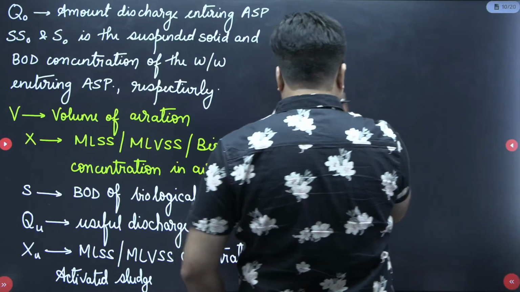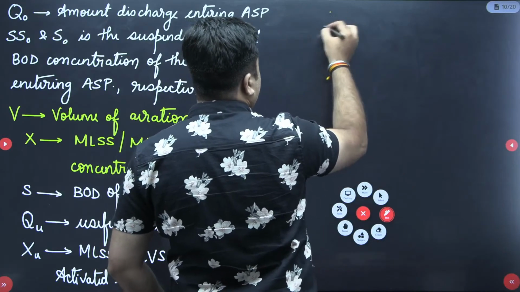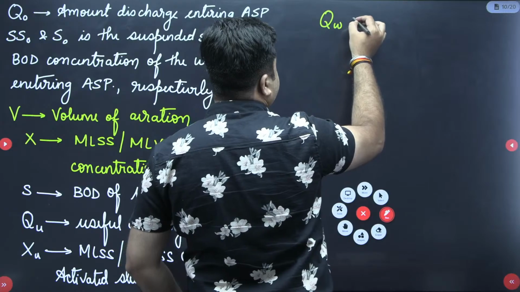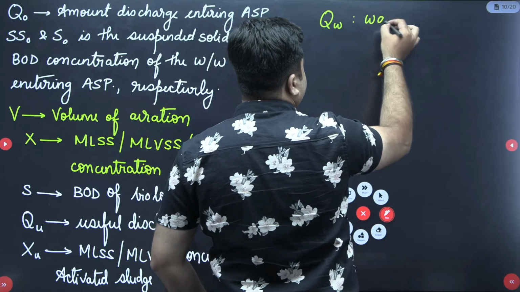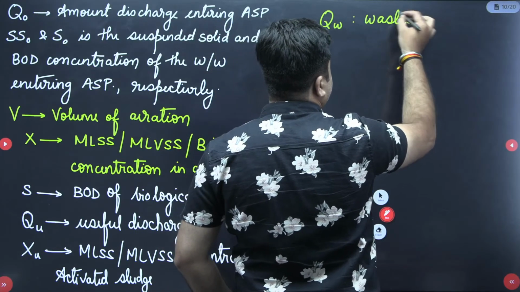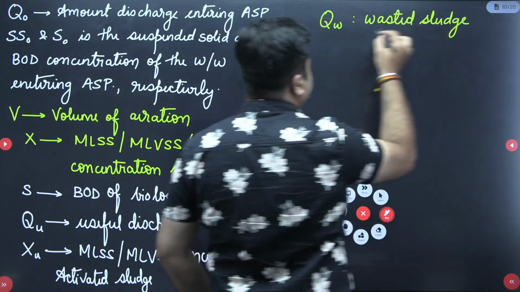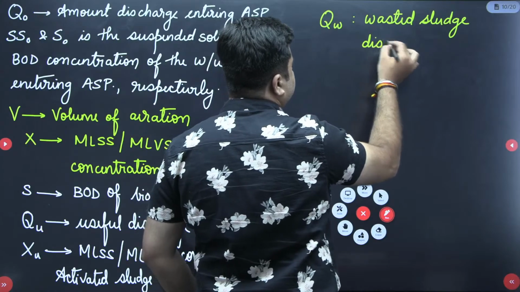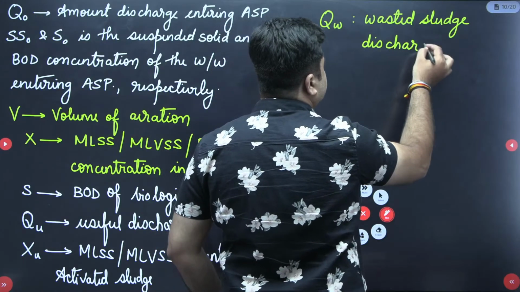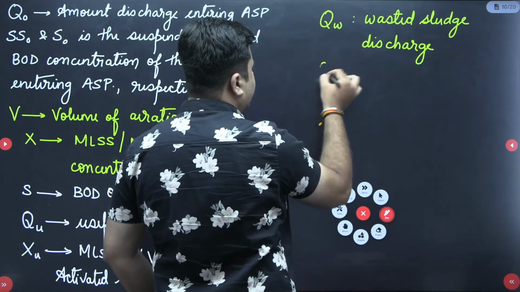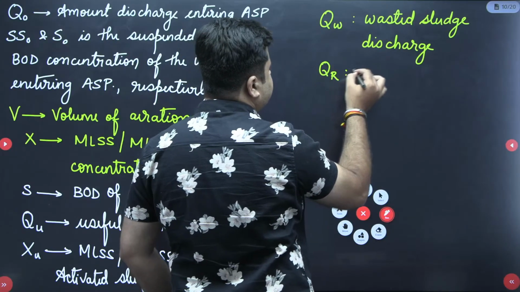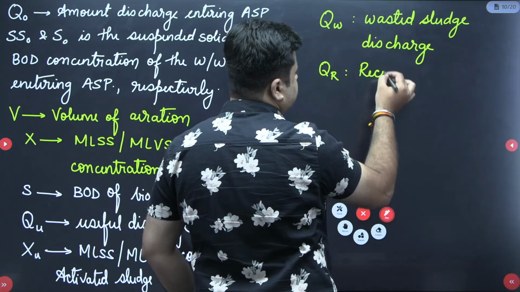Then you have QW, which is known as wasted sludge discharge. Then you have QR, which is known as recirculated sludge discharge.